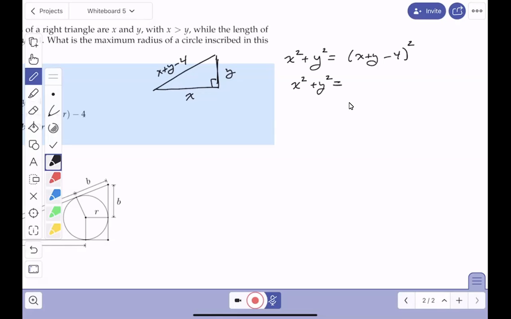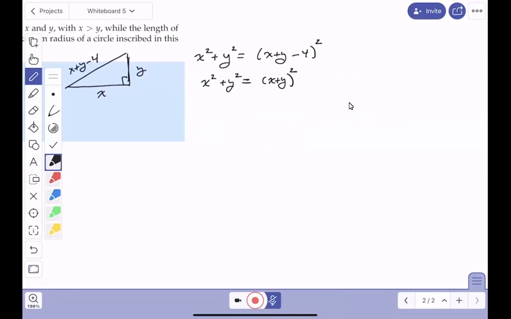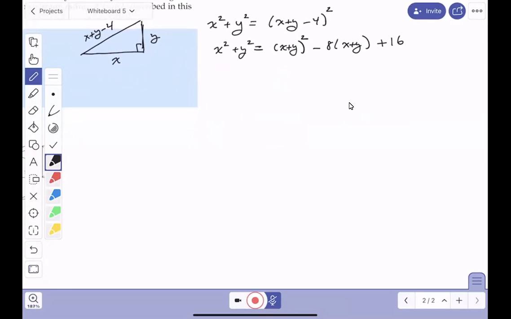I'm going to write this in a little strange way, but you do your algebra the way you like doing it. I would say this is X plus Y squared, right? Then I get minus 8 times X plus Y plus 16.